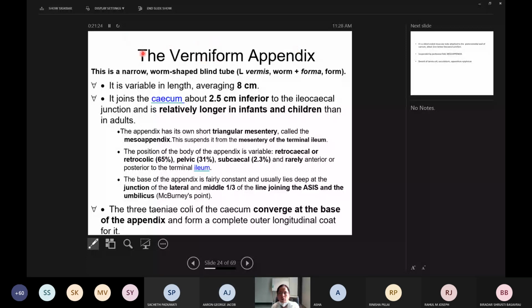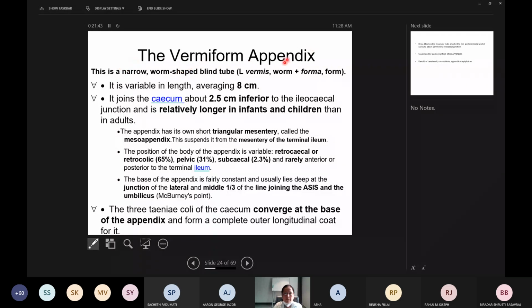Next we have the vermiform appendix. Most of you have heard of it as a vestigial organ, but it is one of the important lymphoid organs, which comes into action whenever there is any infection in your body.